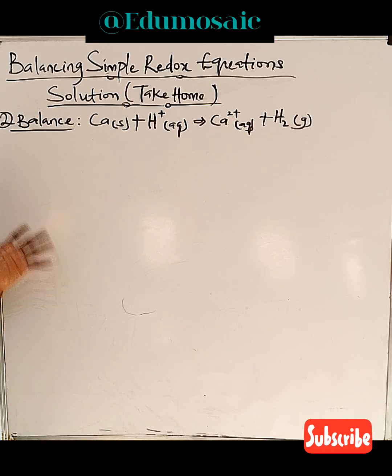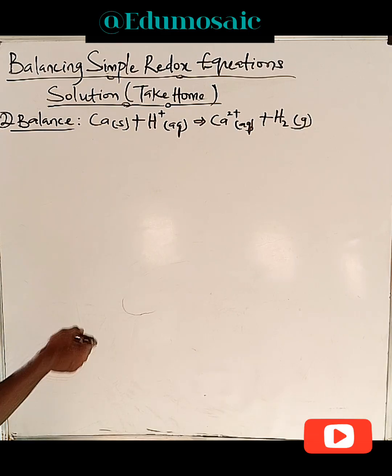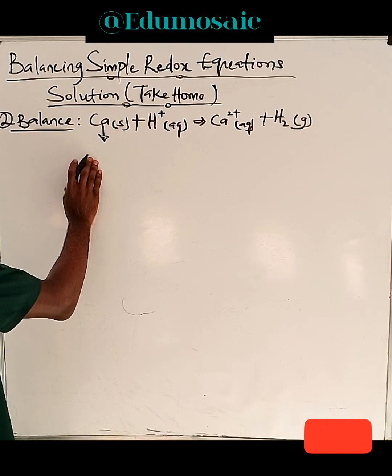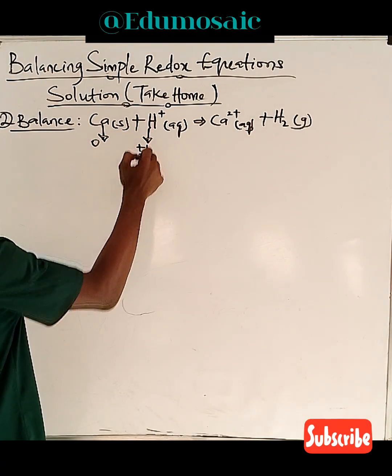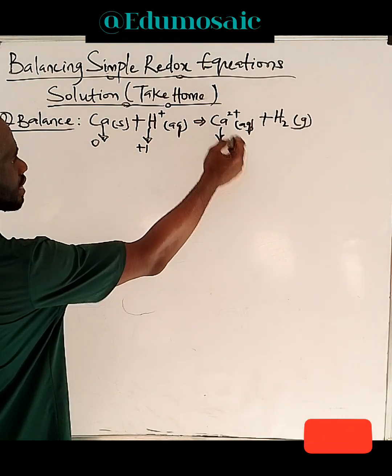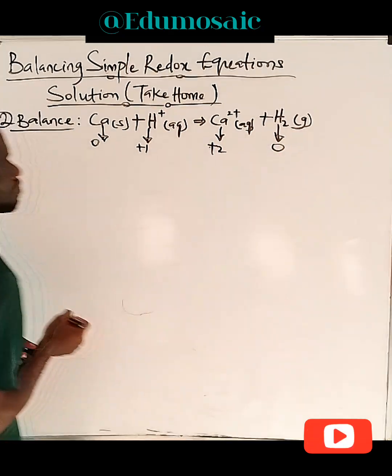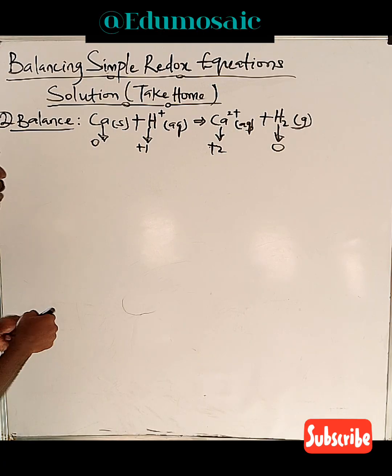The first thing we're going to do is get the oxidation numbers of the reactant and the product. Don't forget we're using what we call the half cell method. Calcium here is 0 oxidation number, hydrogen here is +1. Now on the product end, calcium is +2, while hydrogen here is 0. So quickly let's identify our oxidation and our reduction.